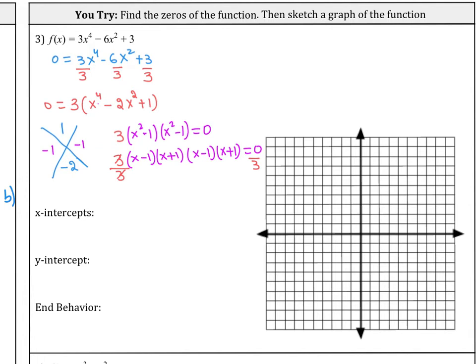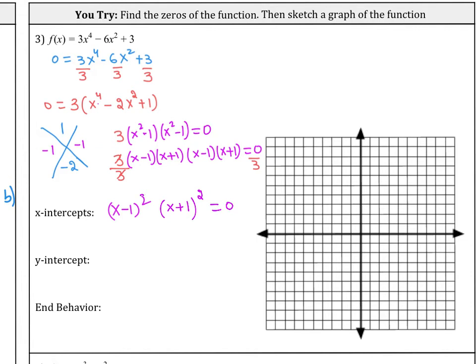Now you're going to have 4 factors, but 2 of them are same. So x minus 1 means x minus 1 to the power 2. X plus 1 and x plus 1 means you're going to have x plus 1 to the power of 2 equals 0.